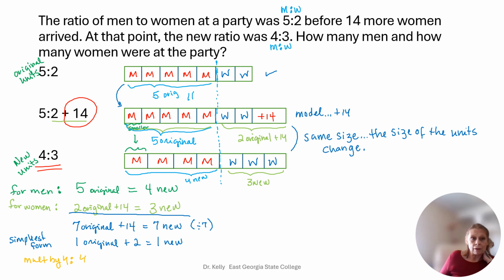So that means I'd have 4 original plus 8 is equal to 4 new. Now this interests me because we know that 4 new is also equal to an original. Now check this out. These are different variables, and we can't solve this equation with 2 different variables. We need some way to get the same variable.